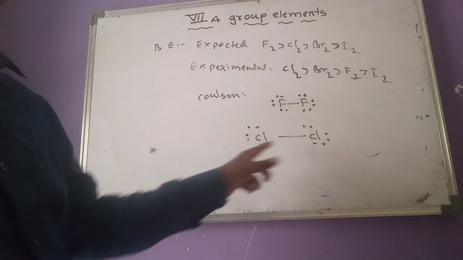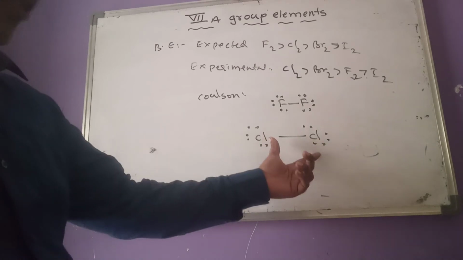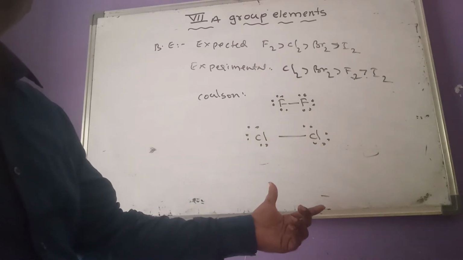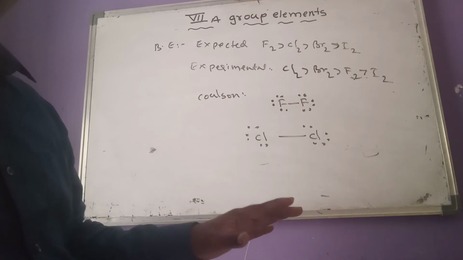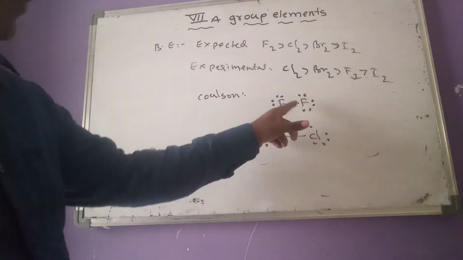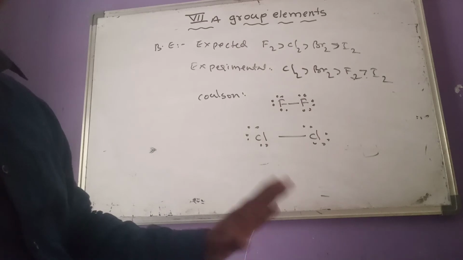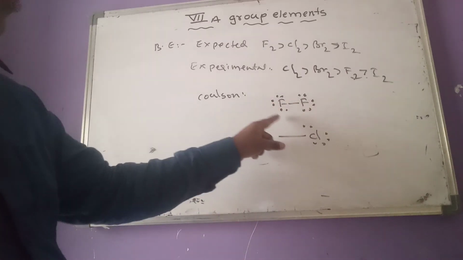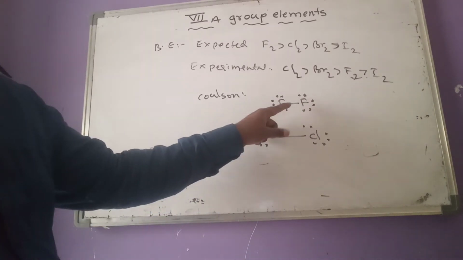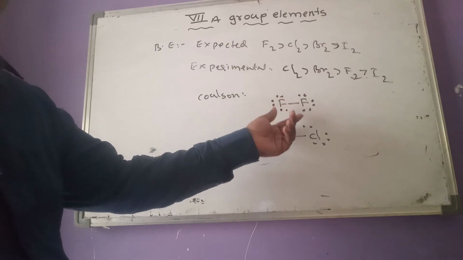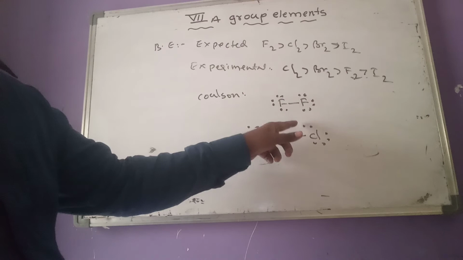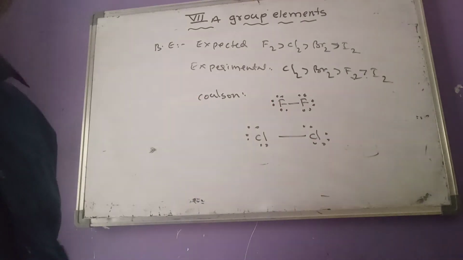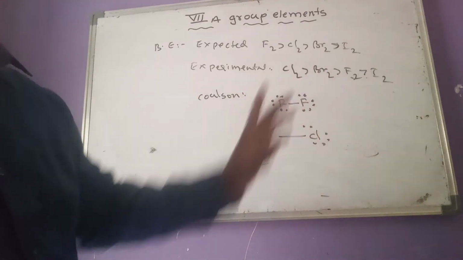But in the case of other halogens, the lone pairs are at some distance. That means the repulsion among them is somewhat less than in F2. So for this reason only, due to greater lone pair repulsion, F2 has less bond dissociation energy than Cl2 and Br2.